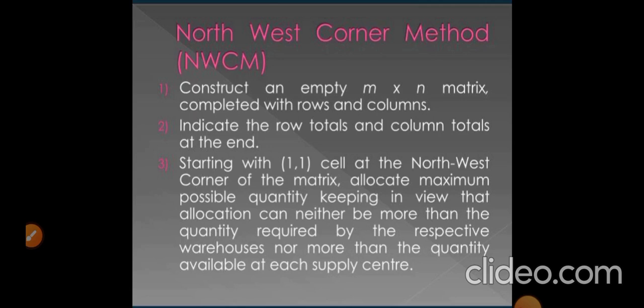Starting with the 1,1 cell at the northwest corner of the matrix, allocate the maximum possible quantity, keeping in view that the allocation can be neither more than the quantity required by the respective warehouse nor more than the quantity available at each supply center.